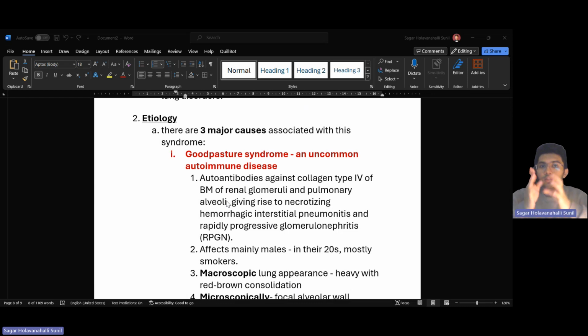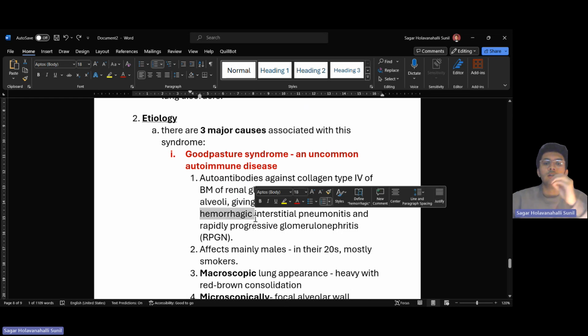And when they attack, they're going to destroy the basement membrane, the alveolar cells, and the pulmonary vasculature as well. And this can result in necrosis if it's diffuse enough, if it's wide enough. And this will result in hemorrhage, right? If the vasculature is going to leak blood into the alveolar space.